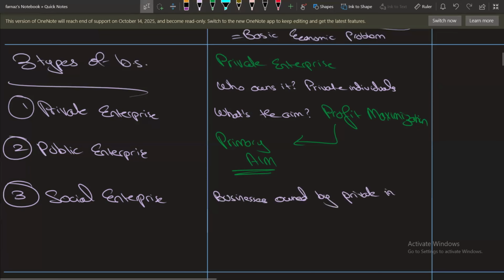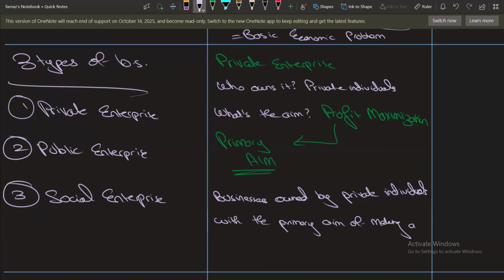If I open a business, you open a business, we are working in private enterprise with the primary aim or primary goal, whatever you want to use, of making a profit. So do you see now? Only two questions help me build my definition. I just have to ask myself, who owns it? And I have to ask myself, what's the aim?